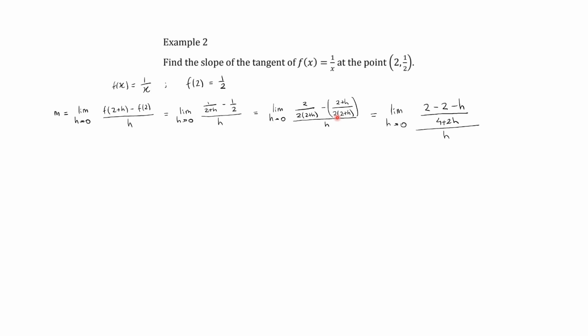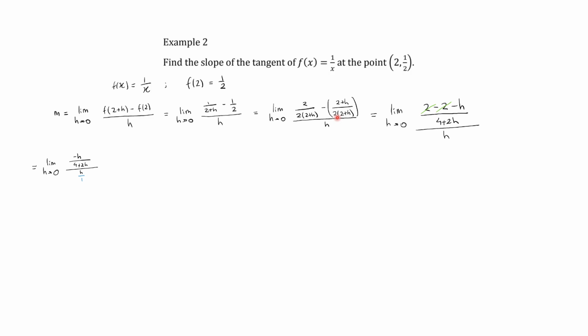Okay, so now right away, the 2's cancel out, and we are going to be left with the limit as h approaches 0 of negative h over 4 plus 2h all over h. And now again, I'm going to rewrite the h in the denominator as h over 1.